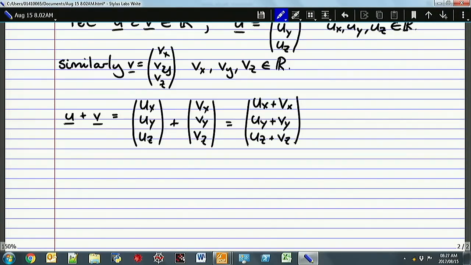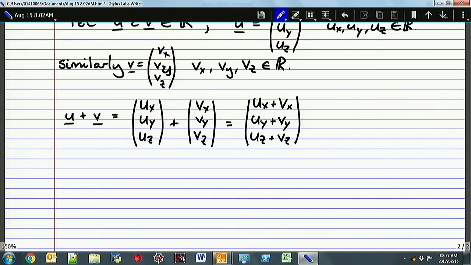That's the result of doing the addition. Now I want to check whether or not this vector that I produced by adding these two is actually an element of R3. If it is an element of R3, great. Then R3 is closed under vector addition. If it's not an element of R3, well, then it can't possibly be a vector space.